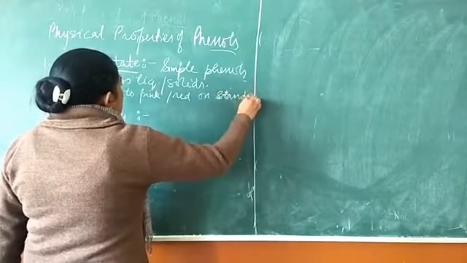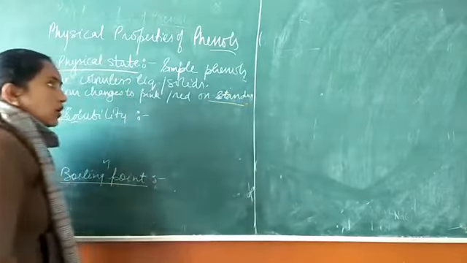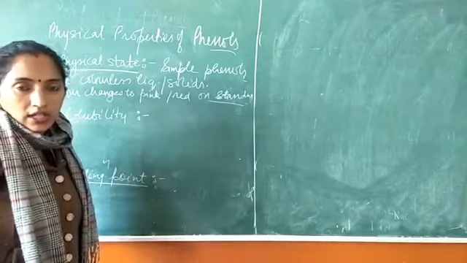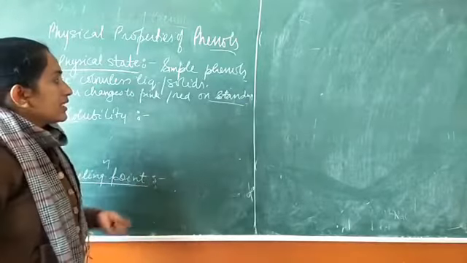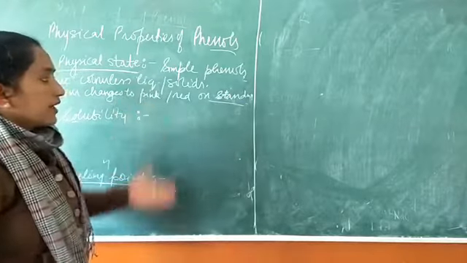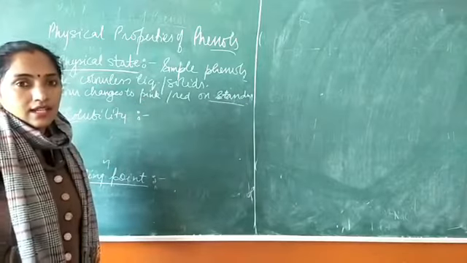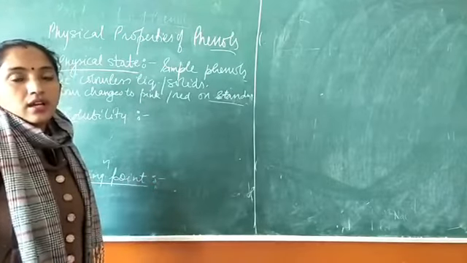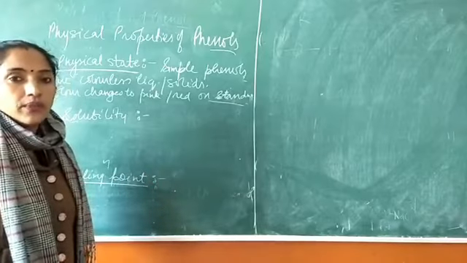That means if the phenol is kept for a long time, it will change to pink or red in color. Otherwise it is colorless, and if it is open to air, it will easily react with the air.